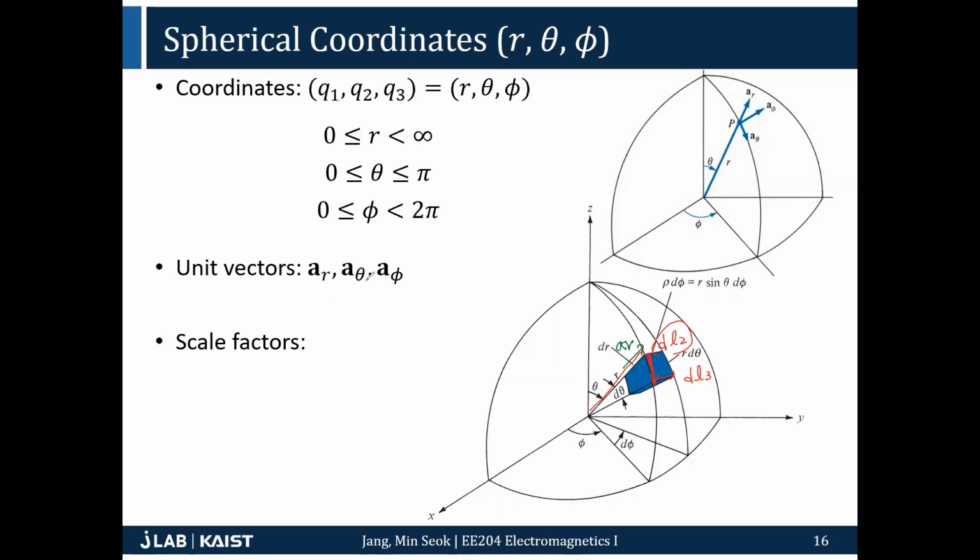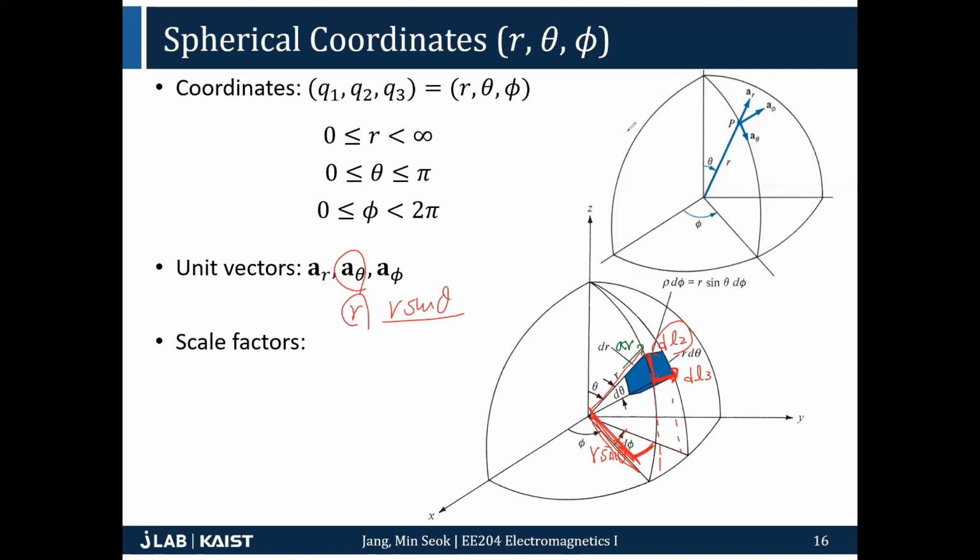So the scale factor for the theta direction is r. Then for the scale factor in the dl3 direction, you need to do a projection to the bottom. If you do a vertical projection, you can see that the length of this is r sine theta, right? And then you have d phi, so you have r sine theta d phi, which is your infinitesimal length component. So r sine theta is your scale factor in this case.